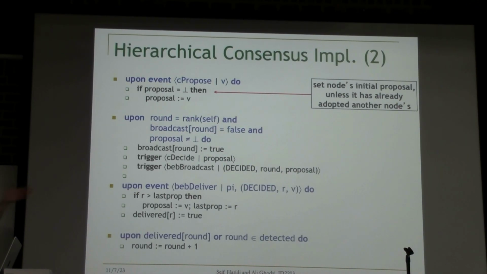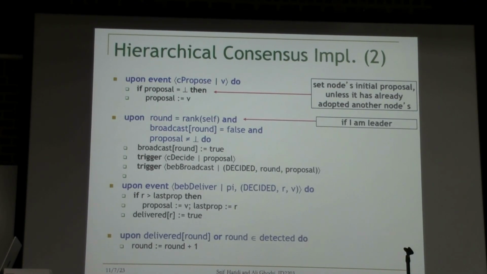The proposals are not all done at the same time. That means if the proposal variable has already been bound to something, then we're not allowed to change it. So this rule, if proposal is uninitialized, is very important, because it will not overwrite if the node is already running. Now the second rule. There are some conditions in this rule.